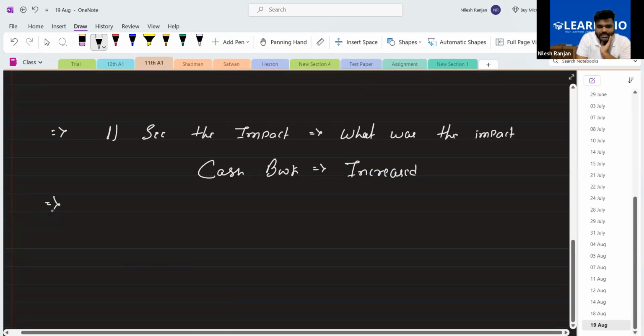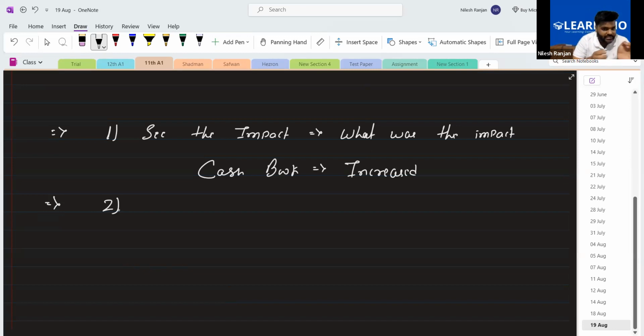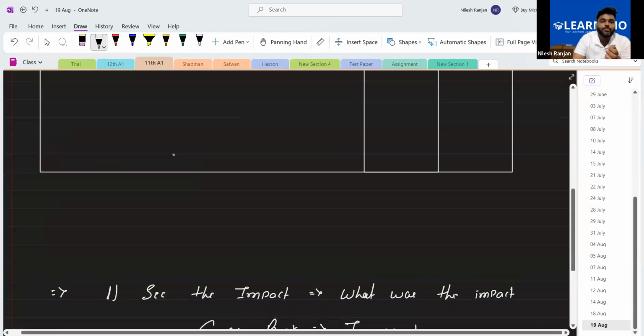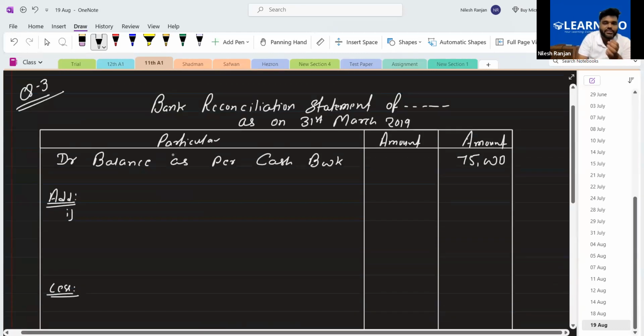Now the second step. The second step you have to understand is that we have to change any one balance, either cash book or passbook, so that both balances will be equal. For this, you have to see which balance we are using as the starting point.